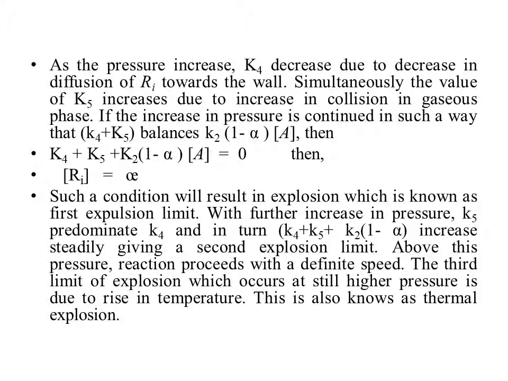If the increase in pressure is continued in such a way that K4 plus K5 balances K2 into 1 minus alpha into A, then K4 plus K5 plus K2 into 1 minus alpha into A will be equal to 0. Then Ri tends to infinity. Such a condition will result in explosion, which is known as first explosion limit.